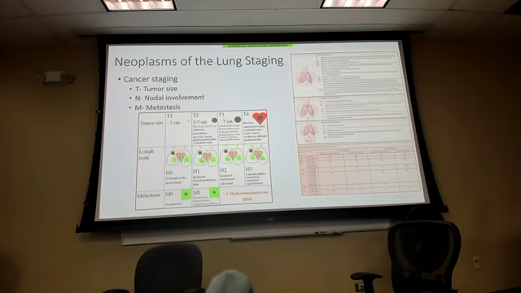There may be slight differences in terms of metastasis to where, right? If it's breast, it's not going to metastasize to the breast. If it's liver, it's not going to metastasize to the liver. It's going to metastasize outward, right? To other places. So that may be the only real difference. But in terms of the basics of tumor size, nodal involvement, and metastasis, basically the same. Okay?